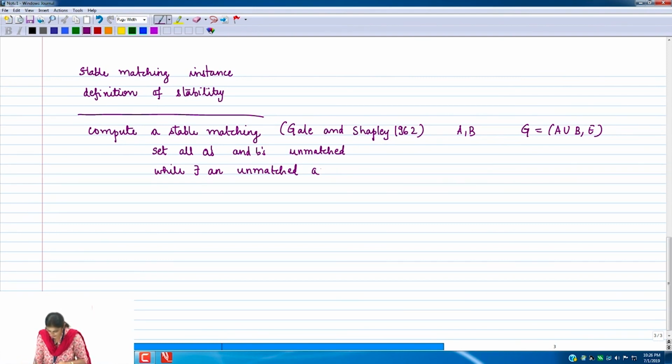So while there is an unmatched vertex A belonging to A, A proposes to the most preferred woman B on A's list to whom he has not yet proposed.